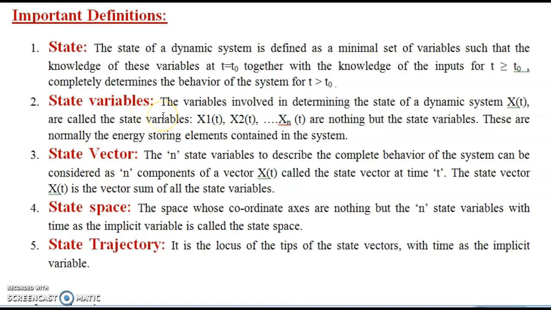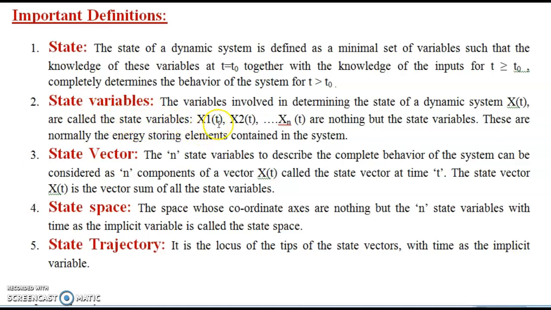Next is state variables. What are they? They are the variables involved in determining the state of a dynamic system x of t. Those variables involved in determining the state of a system we call state variables.